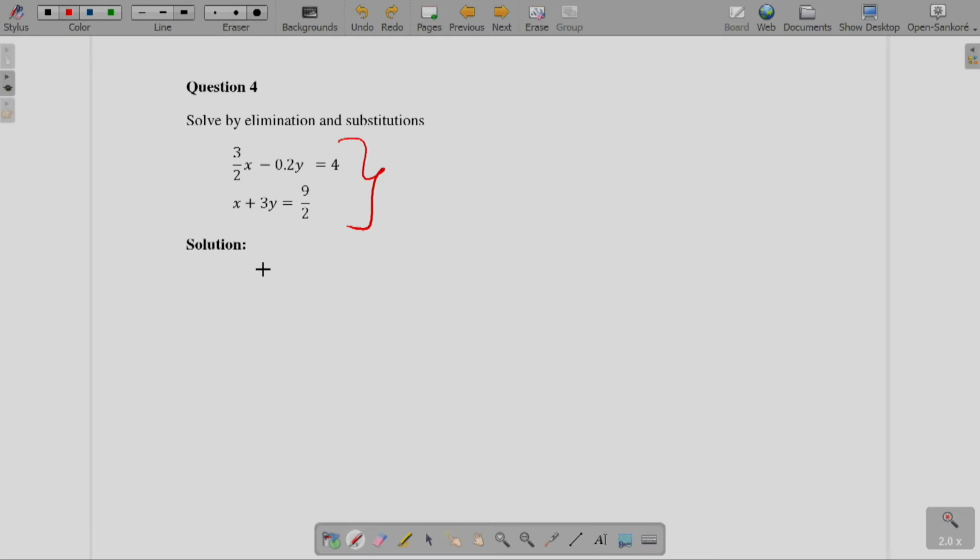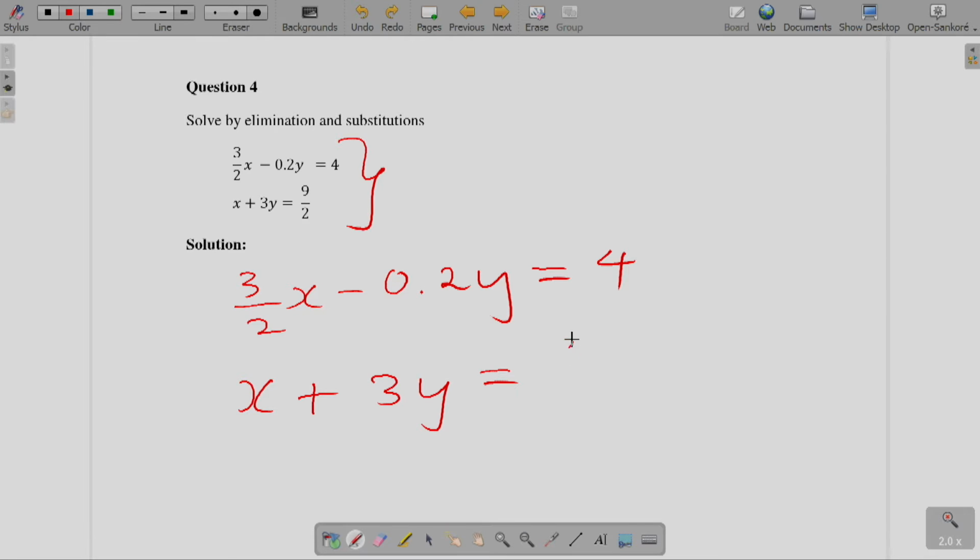We are given these two equations: the first one is 3 over 2x minus 0.2y equal to 4. Also we are given x plus 3y equal to 9 over 2. So the first step is to write the equations given.